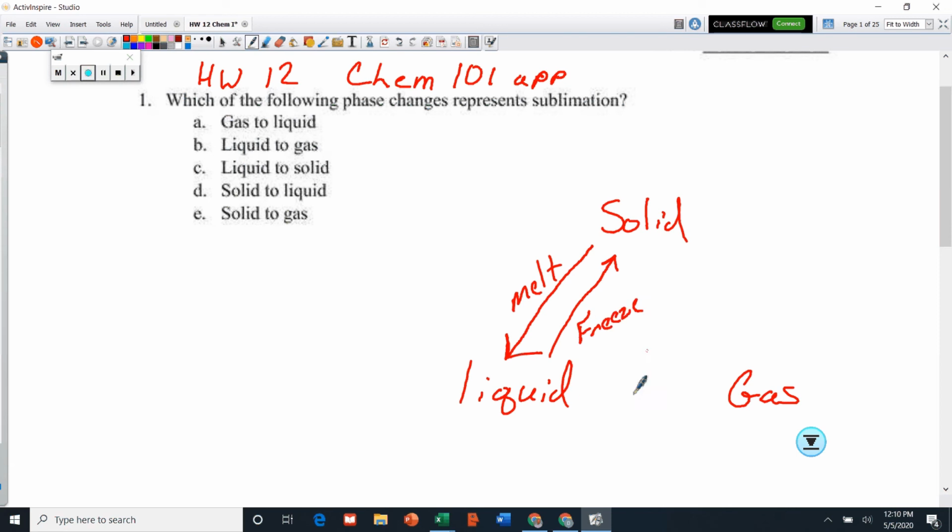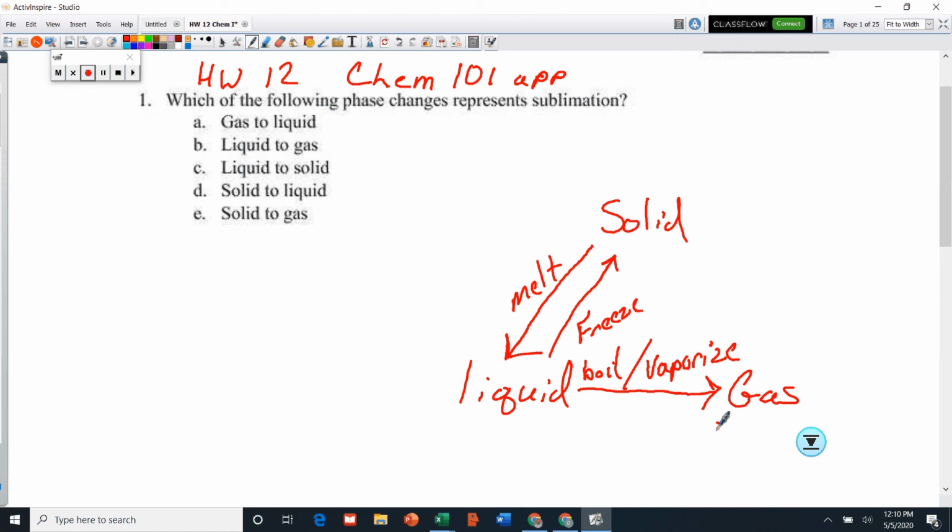To go from a liquid to gas, we boil, or another word for that is vaporize. We call it vaporization. Sometimes you call it evaporation, but that's only if it happens without a temperature change.